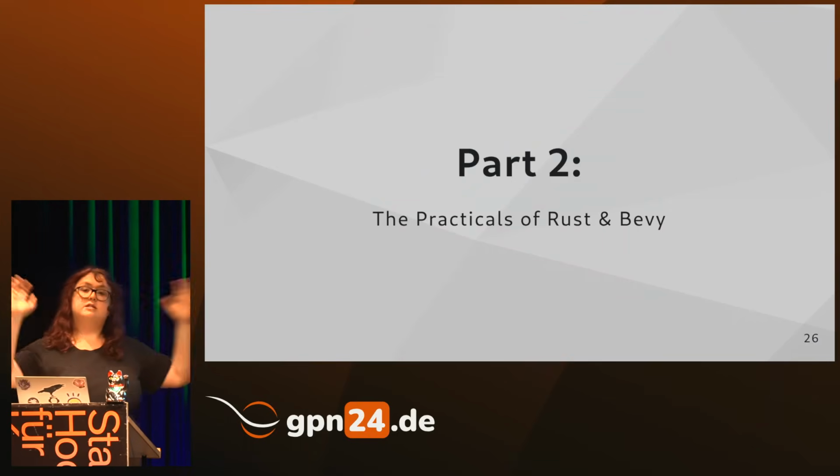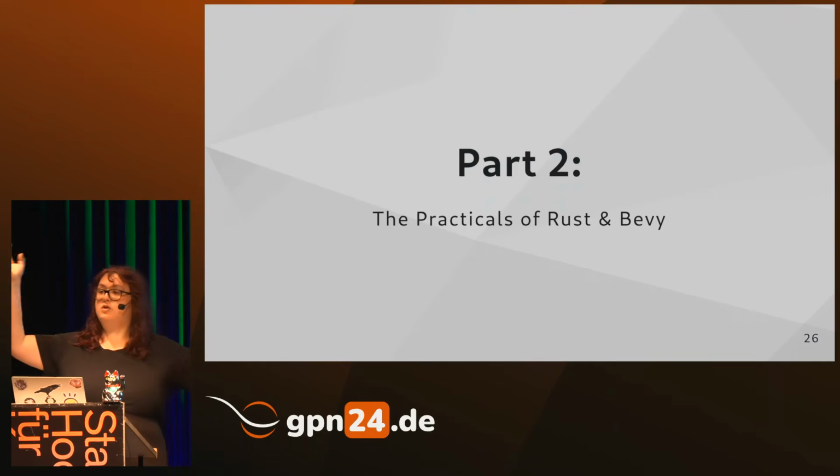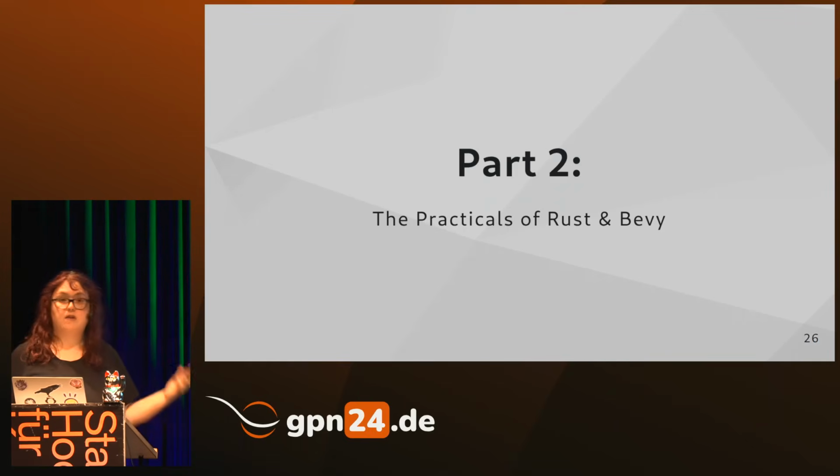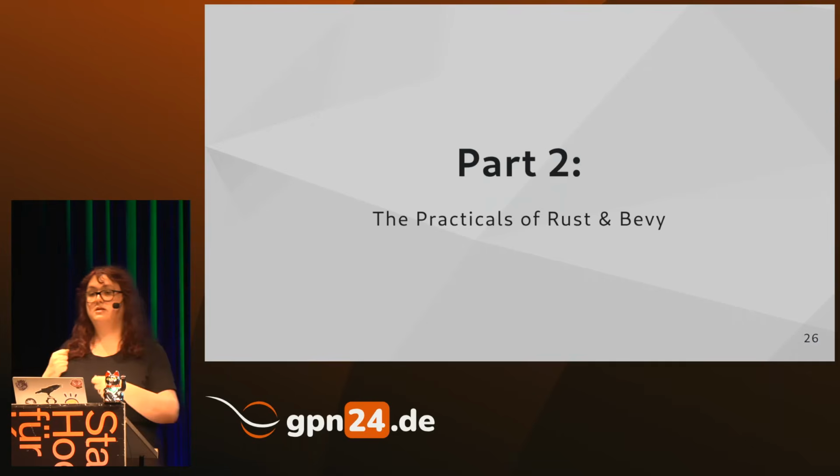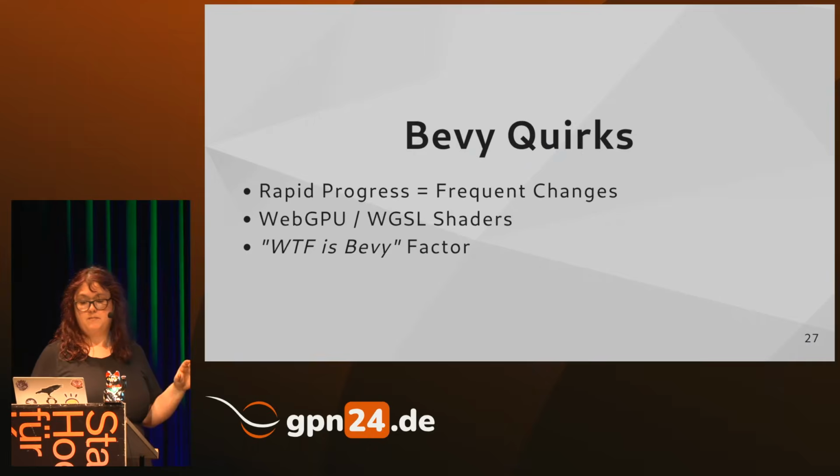So let's talk practicals. We've covered the sort of technological foundation of writing a game in Bevy, but if you're a game dev or you're working on a game outside of a small project, you're going to run into a lot of stuff here.